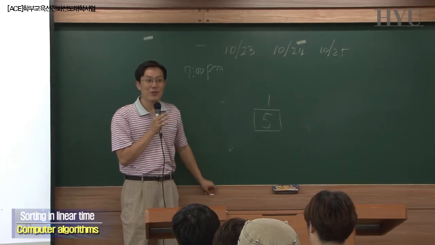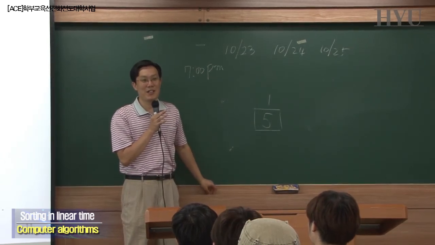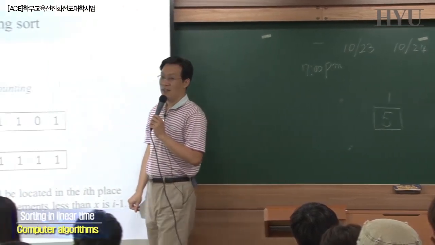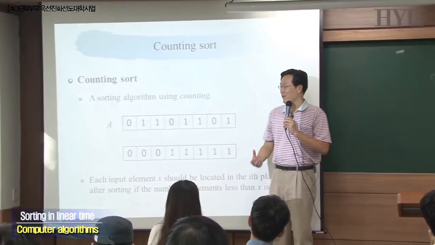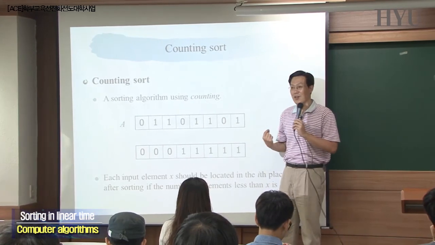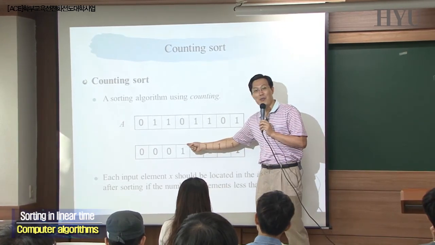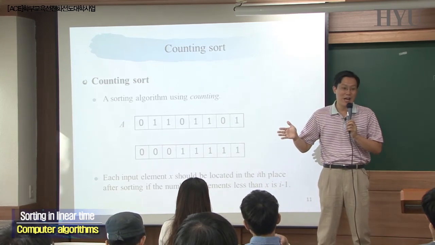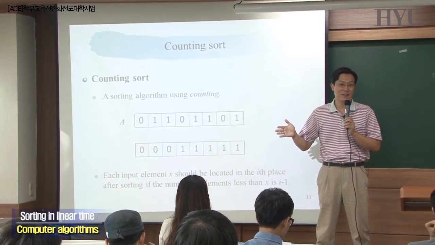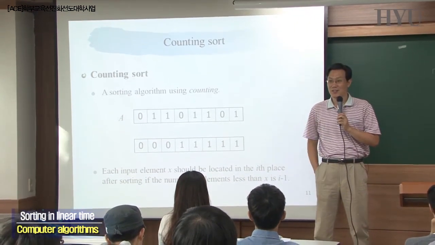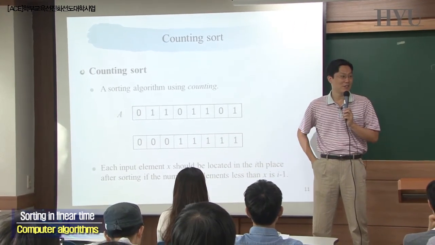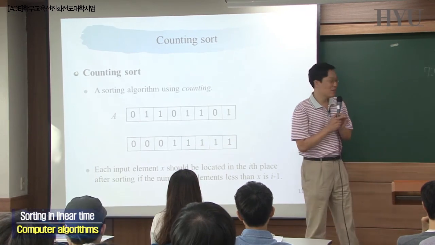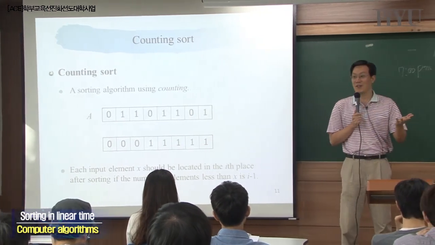Then sorting is like this. Write 5 ones and 3 zeros in the output array. Okay? It's done.